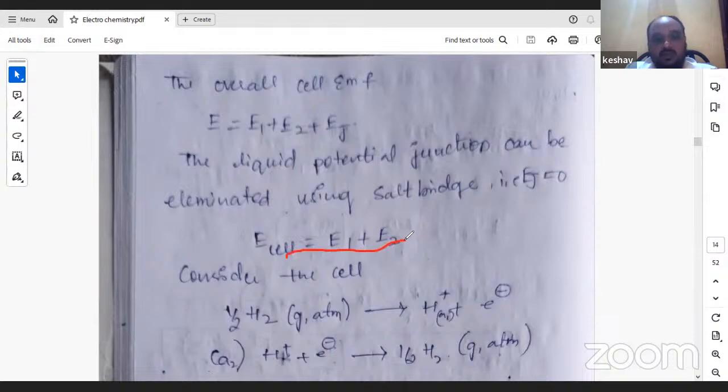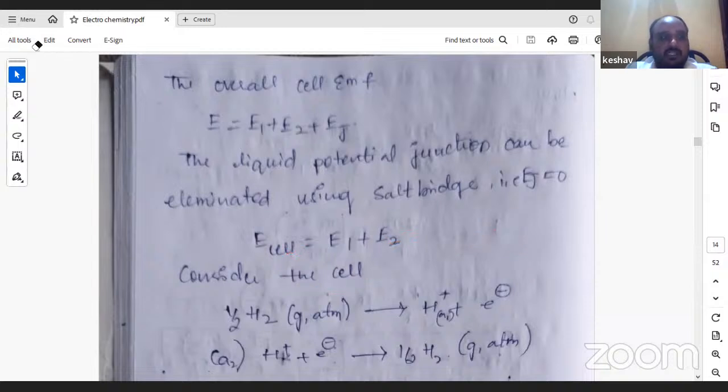E cell is equal to E1 plus E2. Now consider the cell. Here also we are using HCl as an electrolyte solution whose activity is A1 and A2. Now consider one activity.